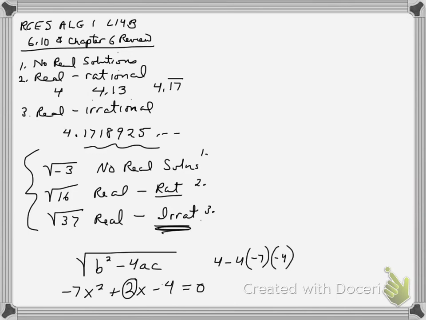Okay, with my negatives, I'm going to be subtracting a much larger number than 4, so this is going to be no real solutions. And that's as simple as you do it, and you can really be doing this kind of calculation almost in your head, sometimes in your head.